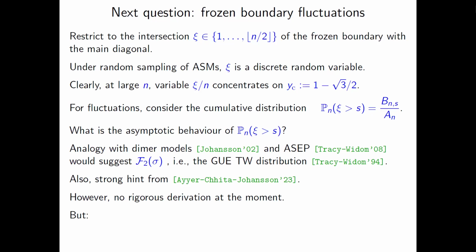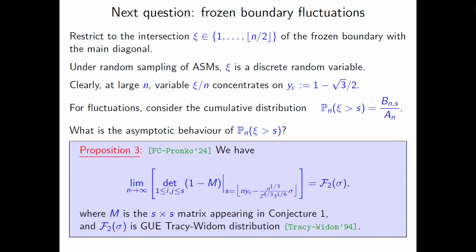And also there is a result by Ayer, Chita, and Johansson, which says that TASEP obeys another Tracy Widom. This is a strong hint that ASM would obey this GUE Tracy Widom distribution. However, there is no rigorous derivation of this for ASM at the moment.